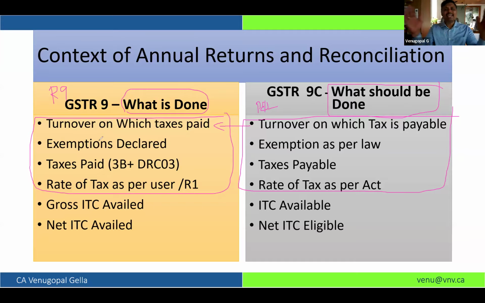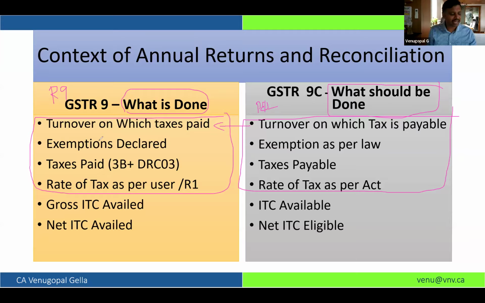But understand this conceptually. Most of the people, if missed out taxes have to be paid through DRC 03, I will anyhow pay it in GSTR 9. Can I pay it in 9C? Yes, you can. What is the difference? It is like booking a movie ticket either in BookMyShow or going to the theater and taking it. Both are kind of one and the same.